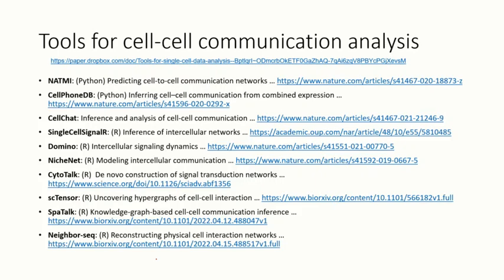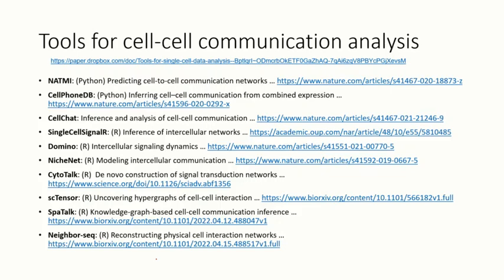Then they will detect the upregulated expression of a ligand in one cell type and try to find the corresponding receptor upregulation in another cell type to make the pair. All these methods are almost the same, okay? Depending on which database they use, they may be slightly different.